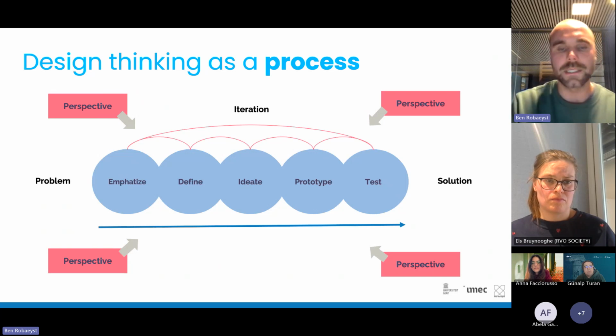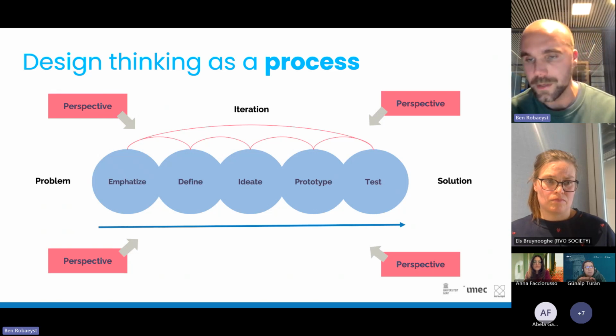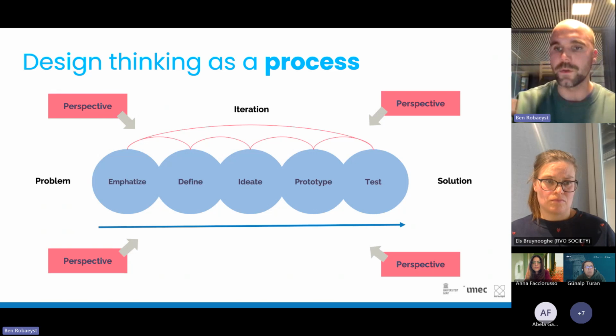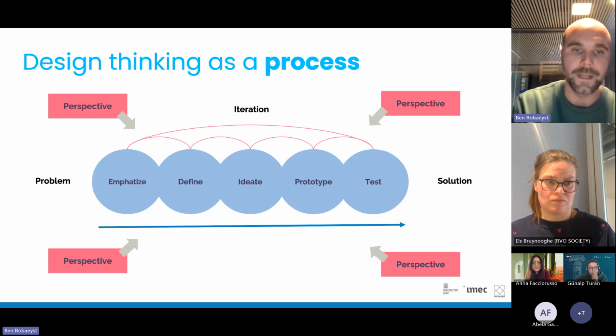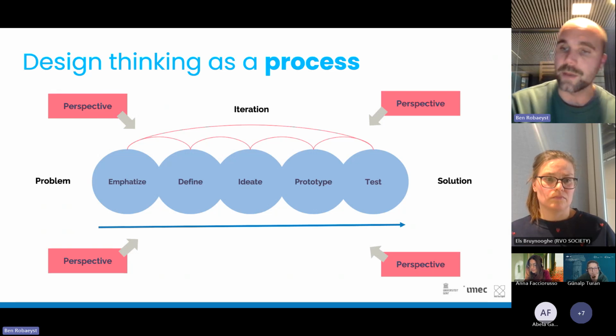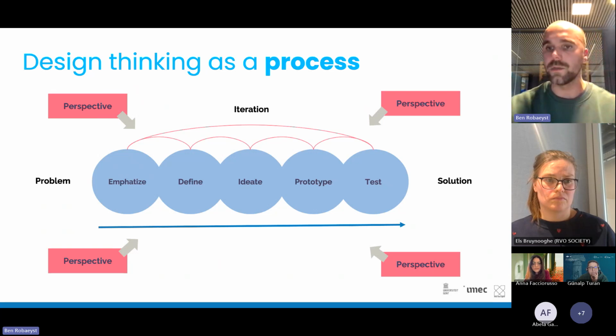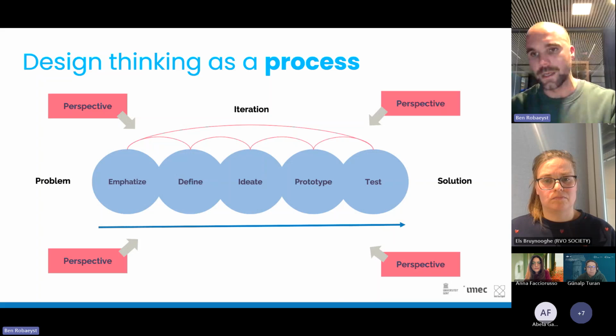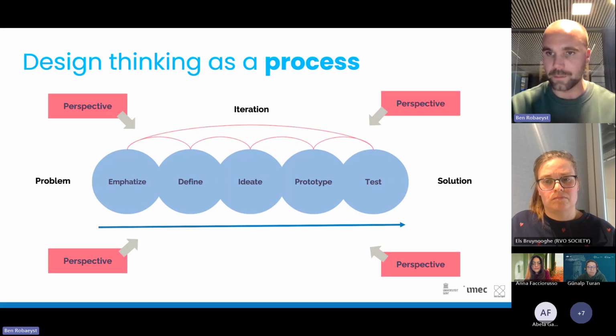Another thing in the process is that it's an iterative process. So the idea behind iteration is that you go back and forward. Normally you do it in a chronological manner. So you go from phase 1 to phase 2 to phase 3 to phase 4 and 5, etc. But the idea within design thinking is that you can perfectly go from your ideation phase back to your empathize phase, because along the way you learn, and when learning you might rethink certain data points that you have gathered before.